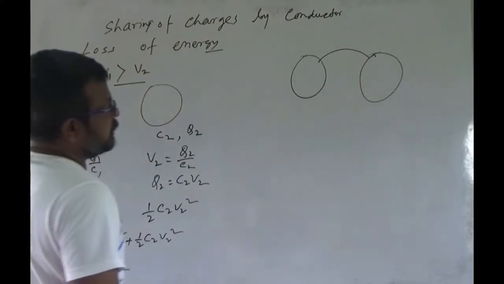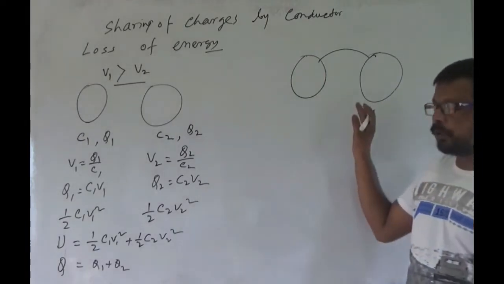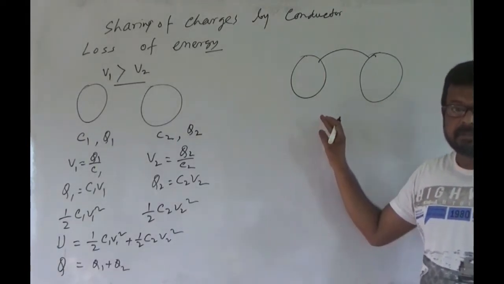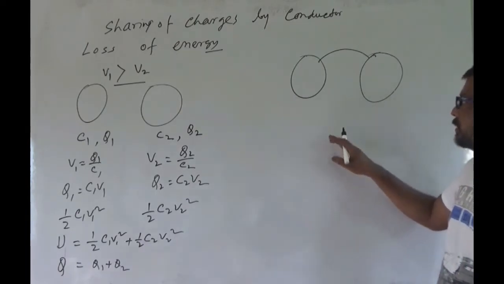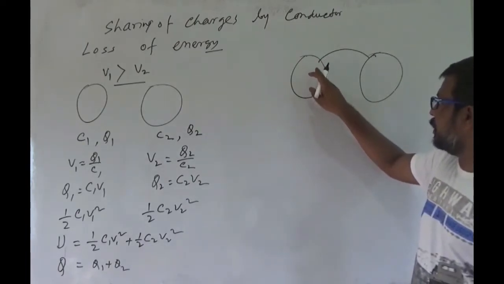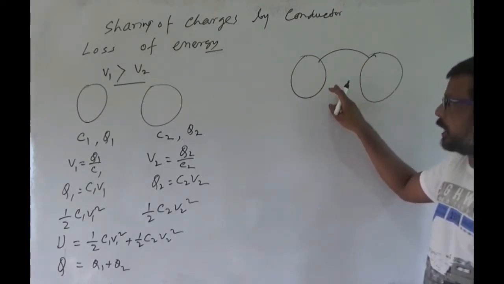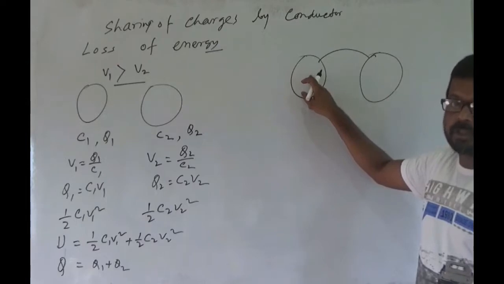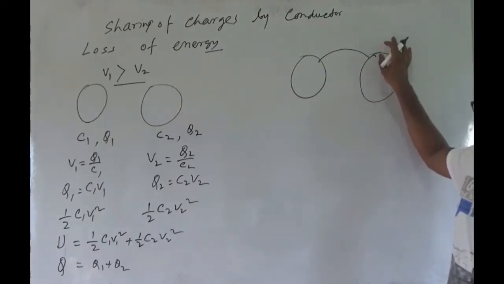This flow of charge continues till the potential of both conductors becomes the same. Charge will flow from this conductor to this conductor. Due to this flow of charge, the potential of this conductor decreases and the potential of this conductor increases.